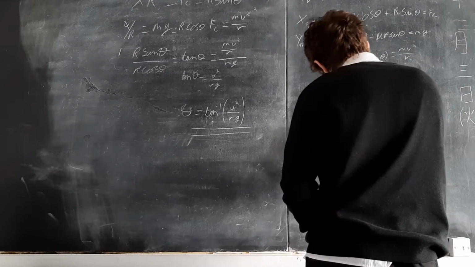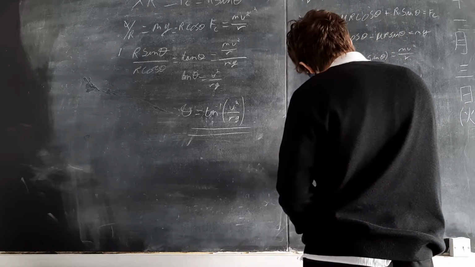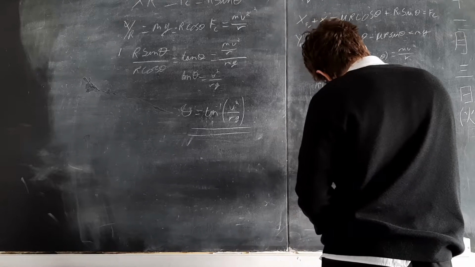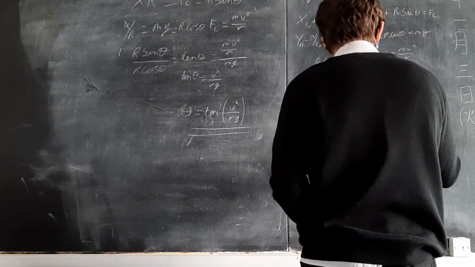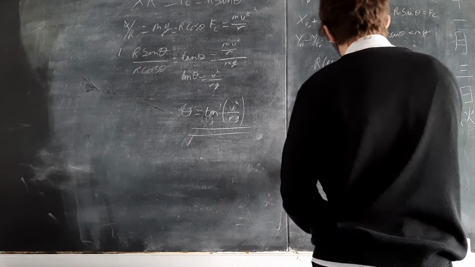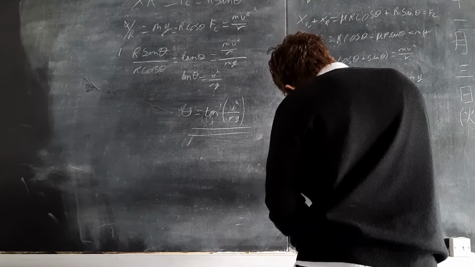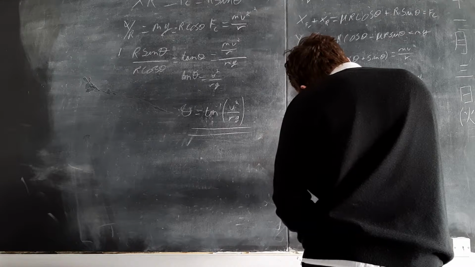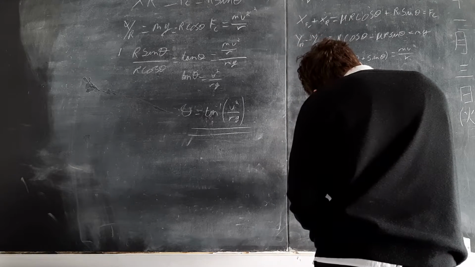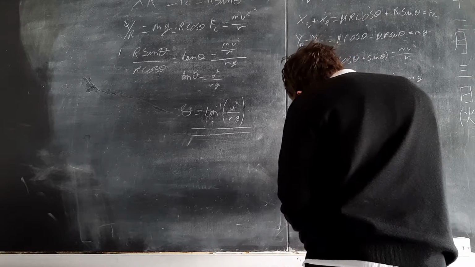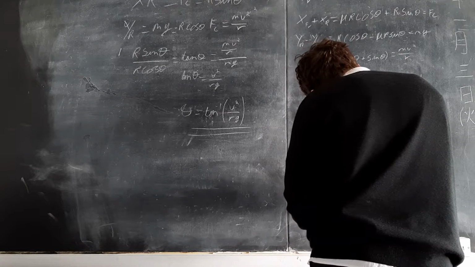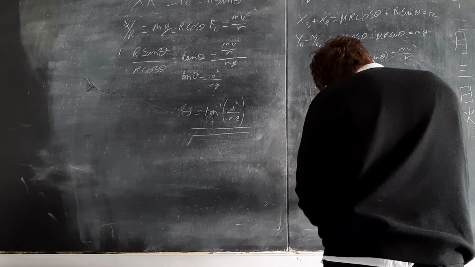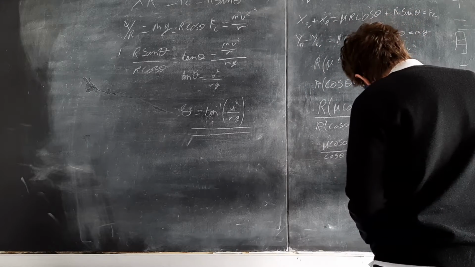And this thing is all over R cos theta take mu sin theta. Cancel out that: mu cos theta, sin theta, cos theta take mu sin theta is equal to v squared over rg.